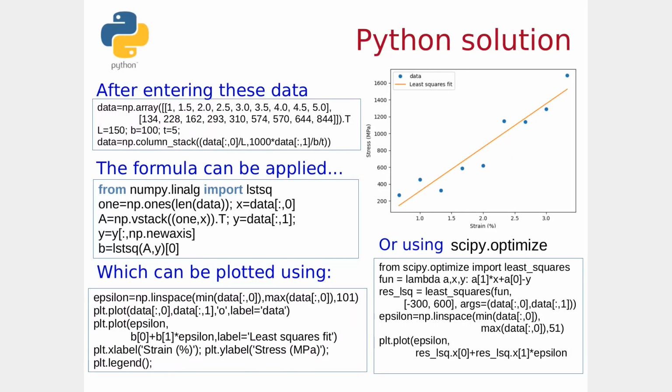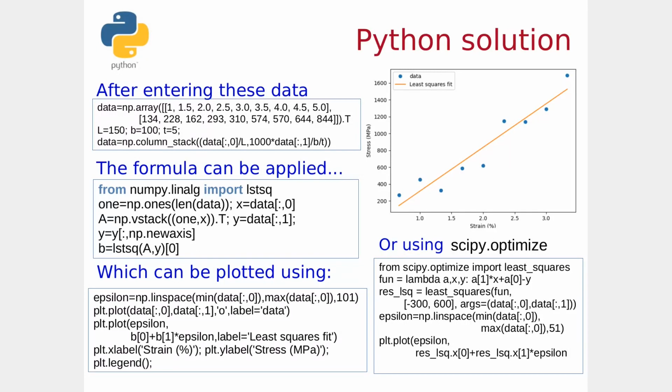The formulas are then applied, but here I need to remind you that we're actually using a new function in Python. We're going to use the least squares function for solving the underlying equations in a least squares manner, as what we've just derived, straight out of the box. And this is in the NumPy linear algebra part. We import lstsq.